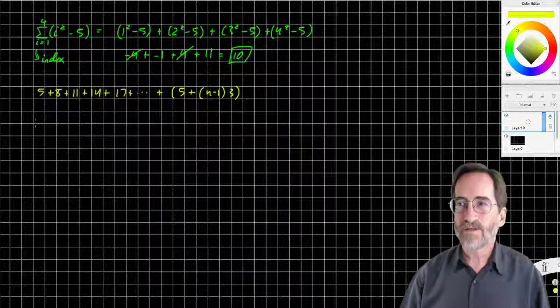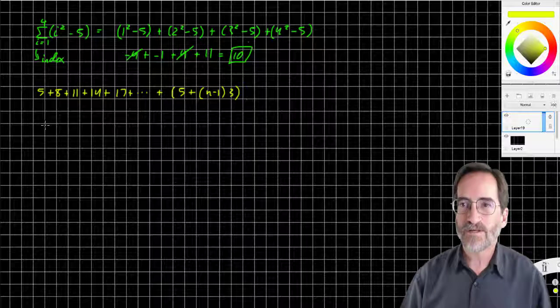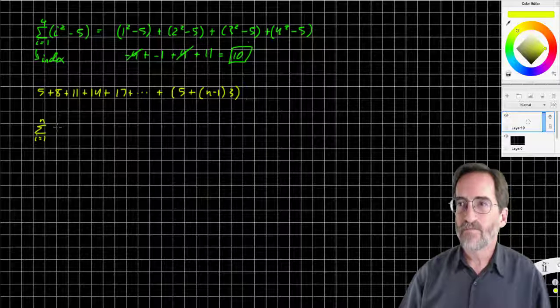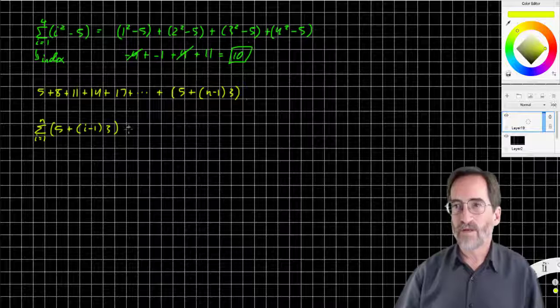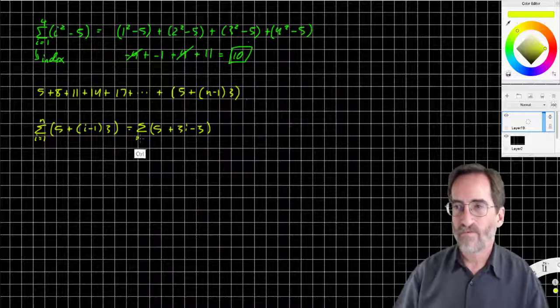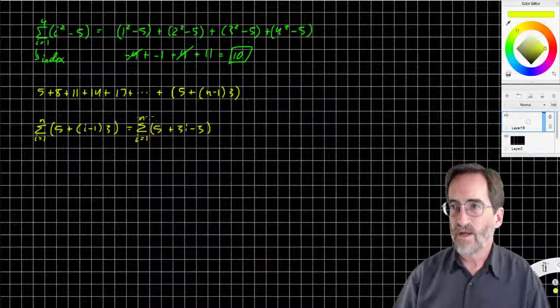We can express this as an arithmetic series if we're using summation notation like this. For i equals 1 to n, we're going to let the nth term be 5 plus, not n minus 1, but i minus 1 times 3. We can simplify this a little bit. That's 5 plus 3i minus 3, the sum from i equals 1 to n.